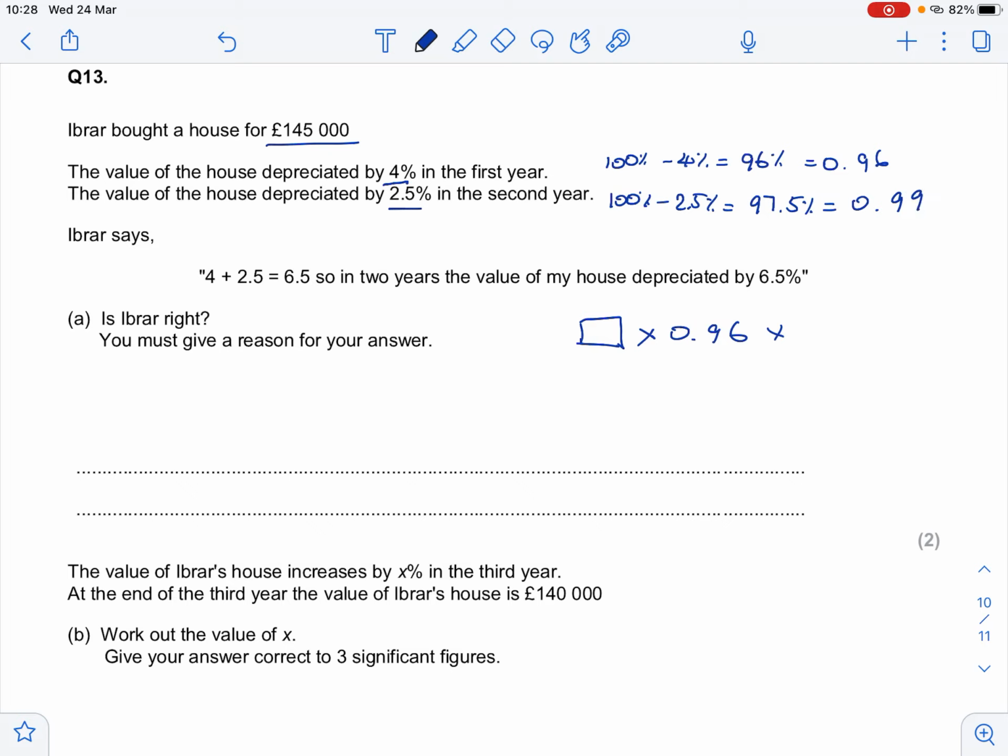So multiplying those two amounts together, we get 0.96 multiplied by 0.975, which is 0.936.